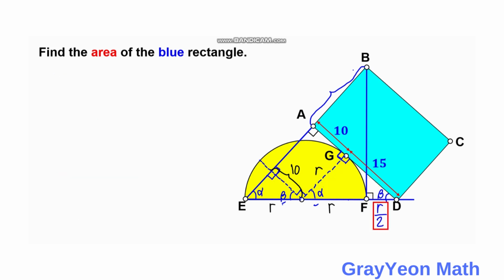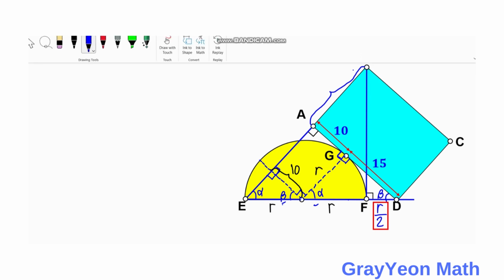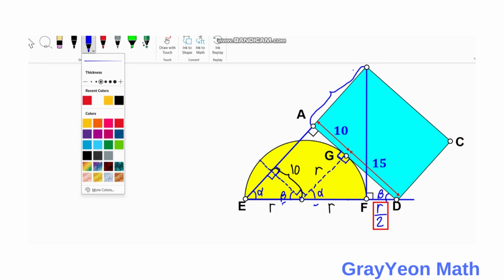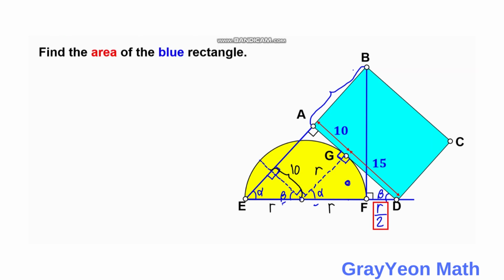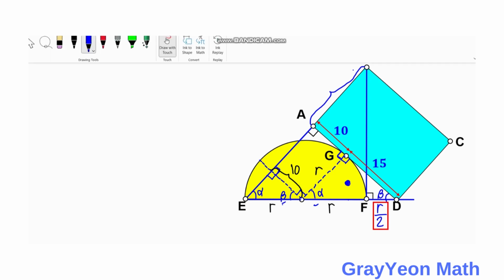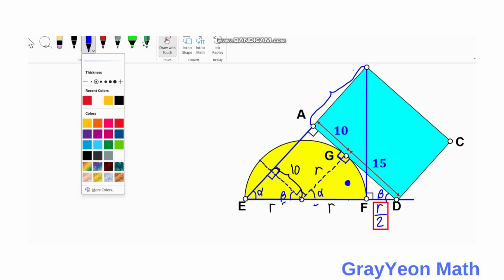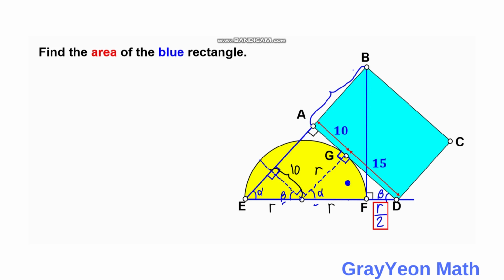Okay, so next I want you to notice that this larger triangle has already complete details. So one leg is R, the other leg is actually 15, and the hypotenuse is the sum of these two lengths, R and R over 2.